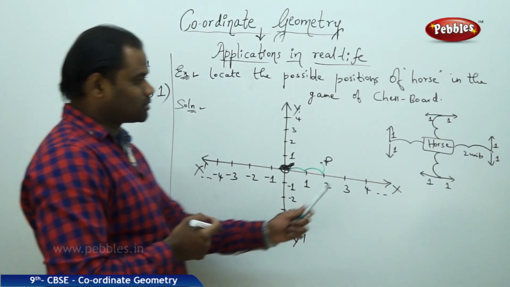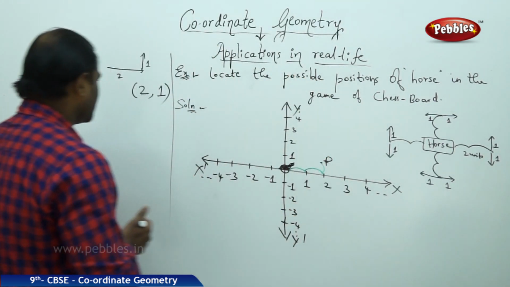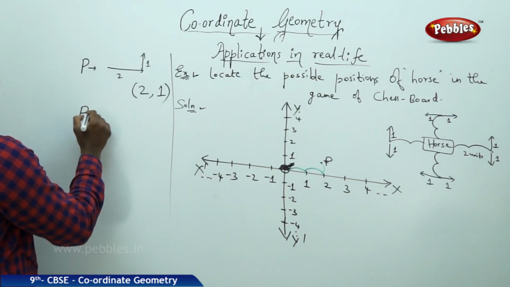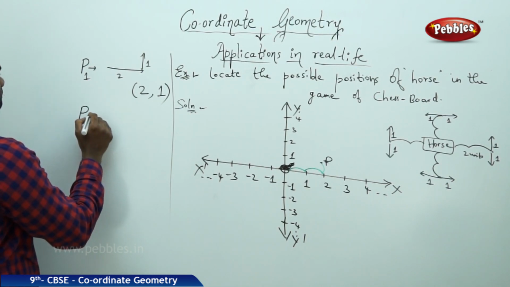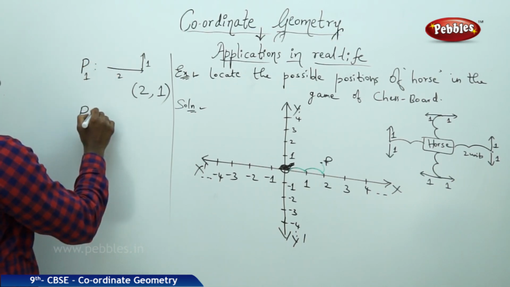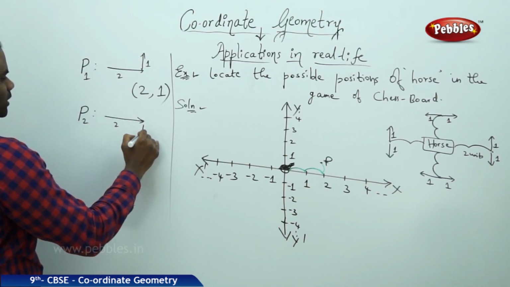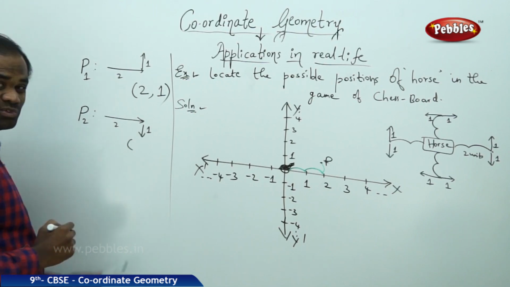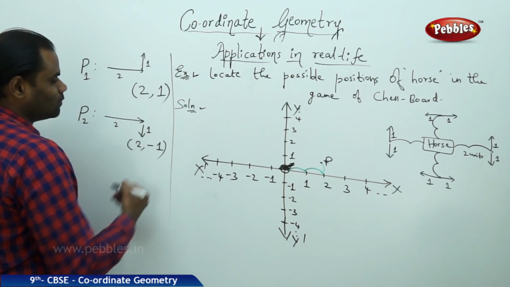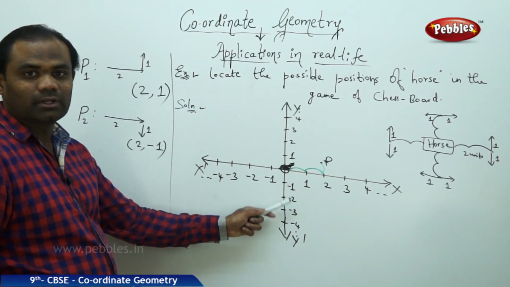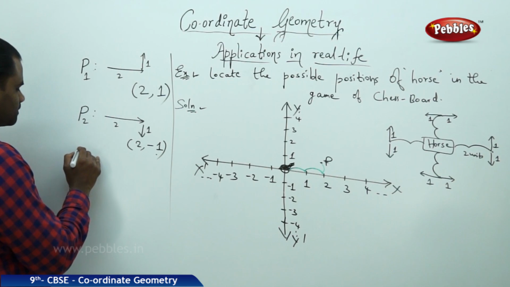Similarly, the horse can also move 2 units right and 1 unit down, and therefore I have the second position P2. It moves 2 units to the right and 1 unit down, and therefore this moves positively 2 units right but negative 1, because it moves 1 unit down to the negative side of the y-axis, and hence the coordinates are this.